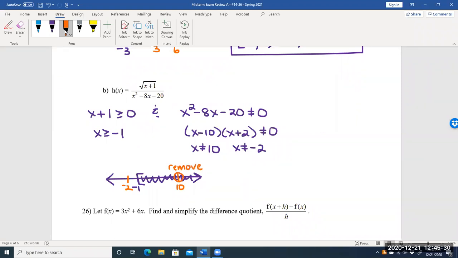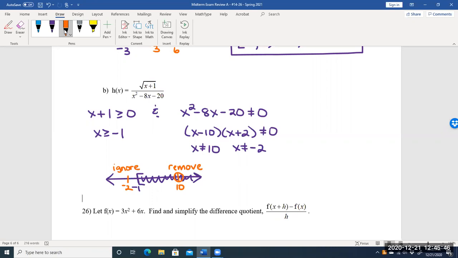So I do need to remove 10 from the interval because when x is 10, our denominator is 0, and division by 0 is undefined. But the -2 can get ignored. It's not in that interval.